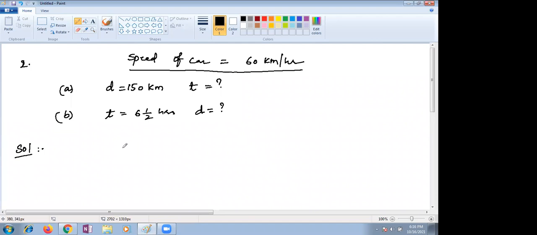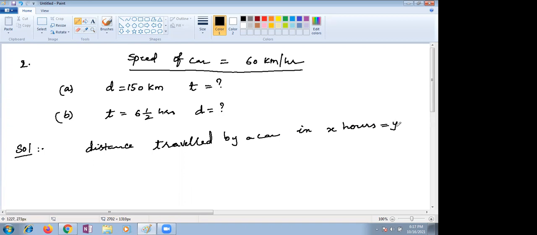Suppose the distance traveled by the car in x hours is y kilometers.